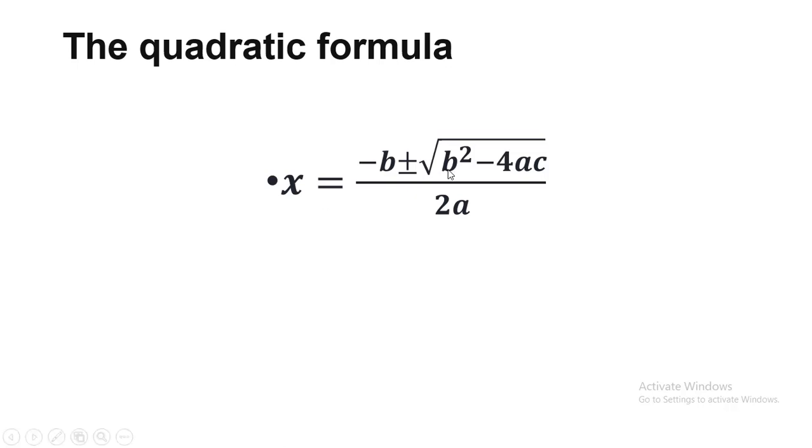The general formula is x equals minus b plus minus under root b square minus 4ac over 2a. Now let's look at an example and understand how to use this formula.